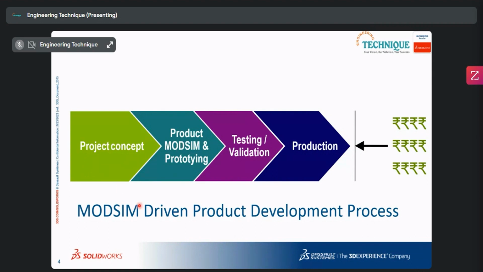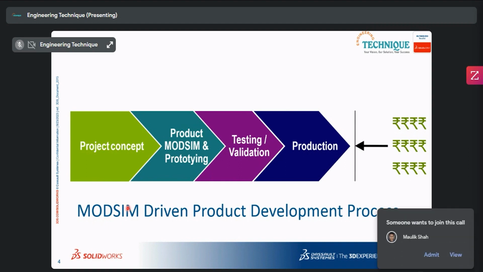So how is the product development process changed? It still starts with a concept, but instead of paperwork, the product is modeled within the computer. Now, model-sim is a new terminology which is generally used at the present day in the CAD/CAM area. So basically, mod stands for modeling, that is the computer-aided design part, and sim stands for simulation, that is the CAE part.